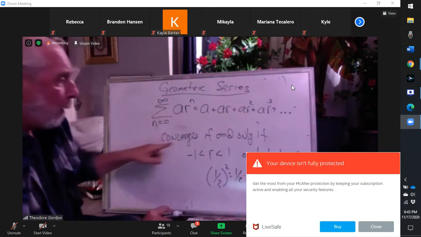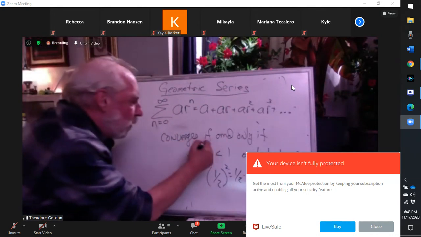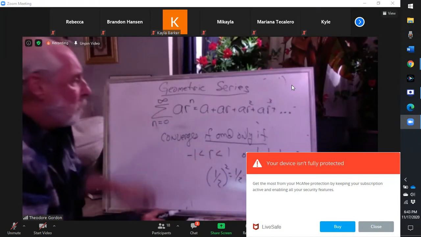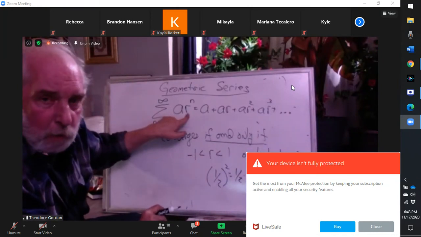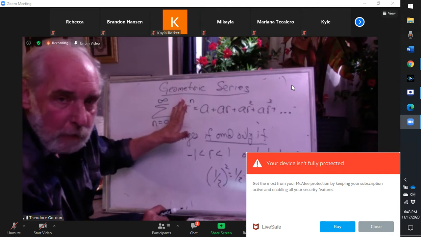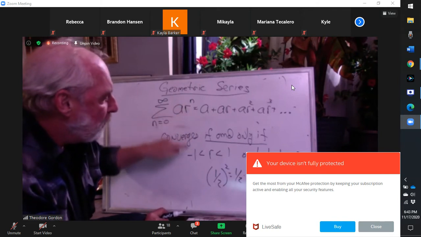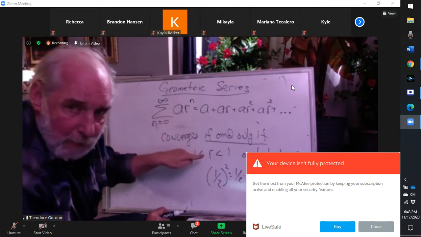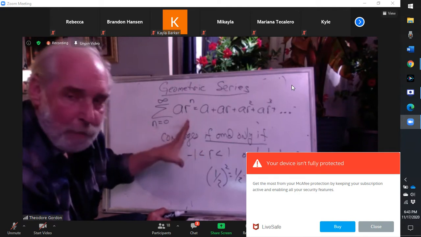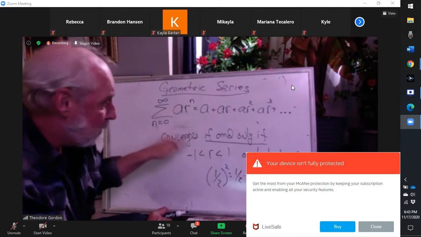that. Now, because of this phrase, if and only if, if your common ratio is smaller than 1, the series converges. If your common ratio is not one of these, it's 1 or bigger, it diverges. So this is a yes or no rule.